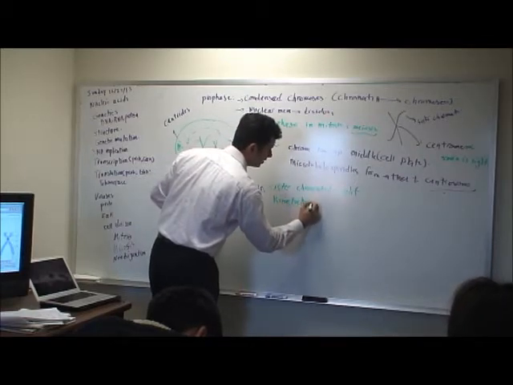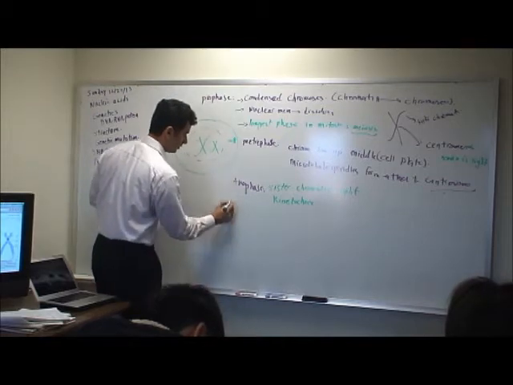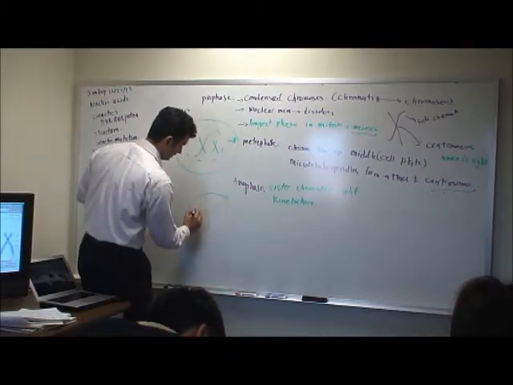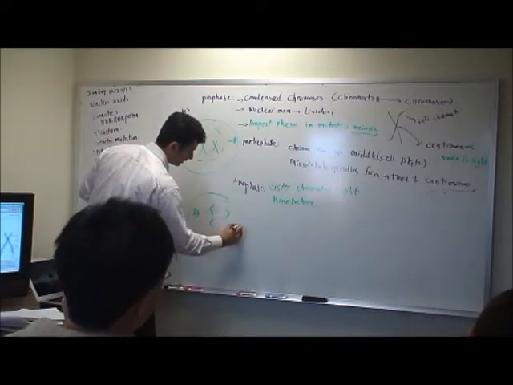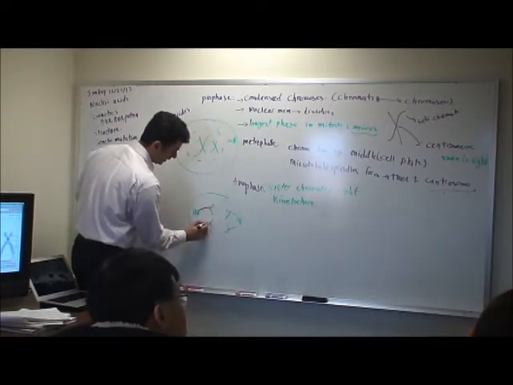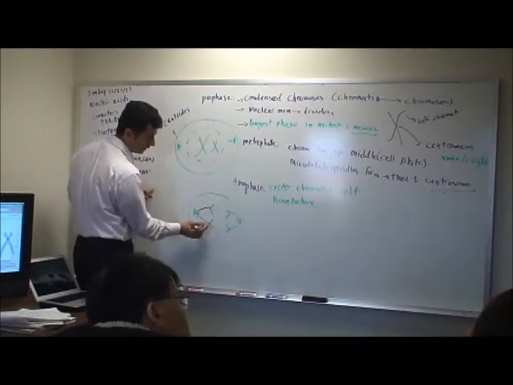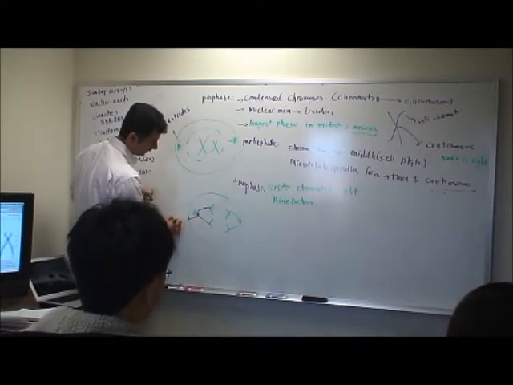What is the kinetochore? These are spindle fibers. This is a sister chromatid. The kinetochore is a protein that attaches the spindle fiber to this. So this is where you find the kinetochore.